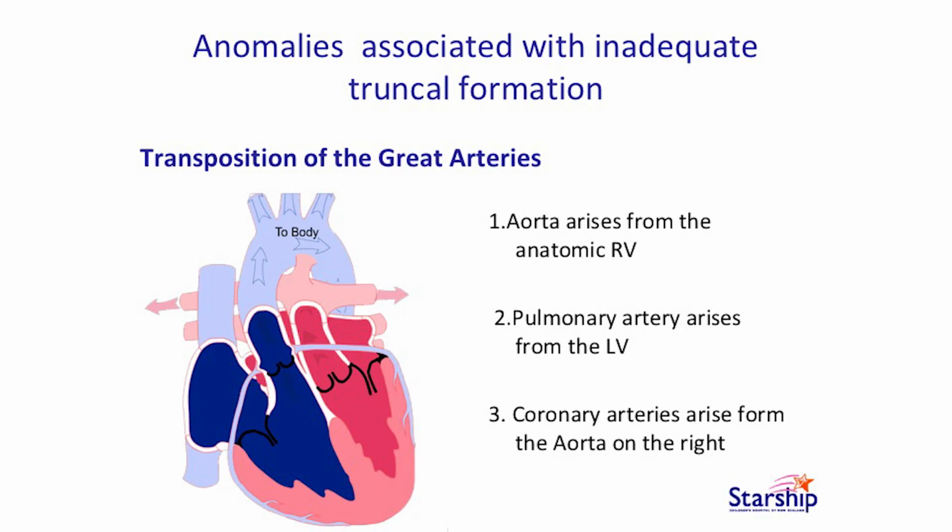Transposition of the great arteries, where in forming, the aorta hasn't managed to get to the left and the pulmonary hasn't managed to get to the right, and you have side-by-side vessels. So your aorta is coming off your right ventricle and your pulmonary is coming off your left ventricle.